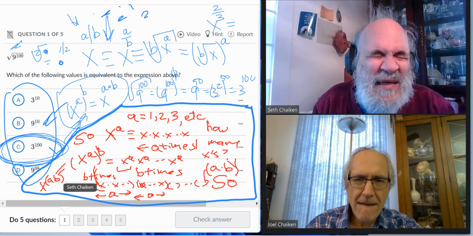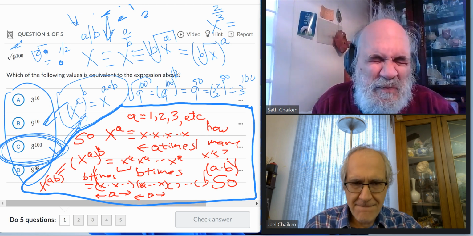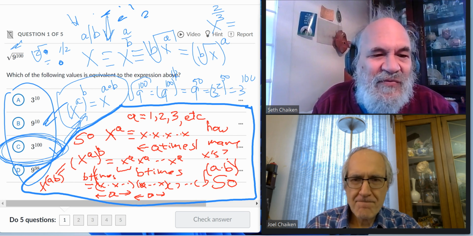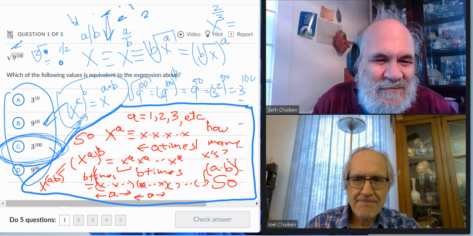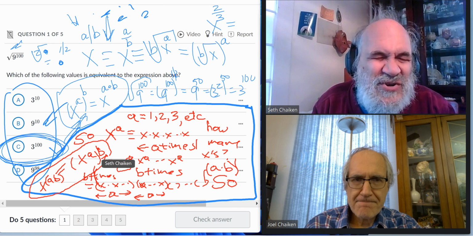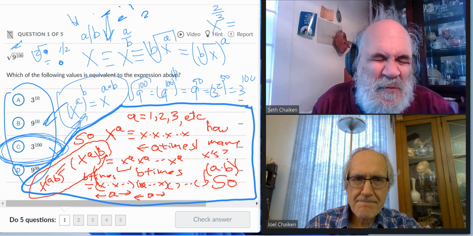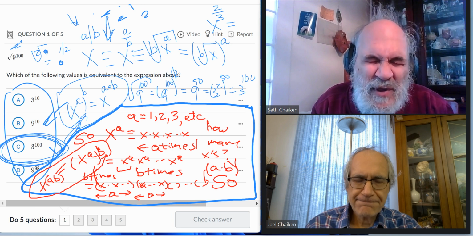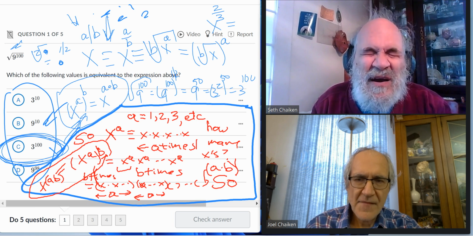Now, what mathematicians said was, let exponentiation be an operation for which this formula is true even when a and b are not counting numbers, when a and b are any kind of numbers.